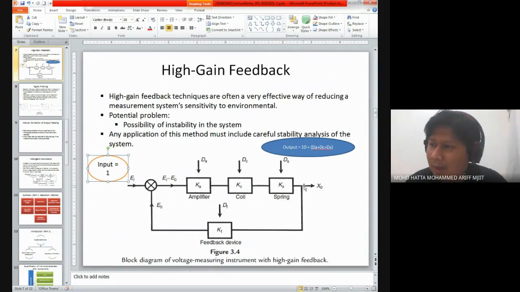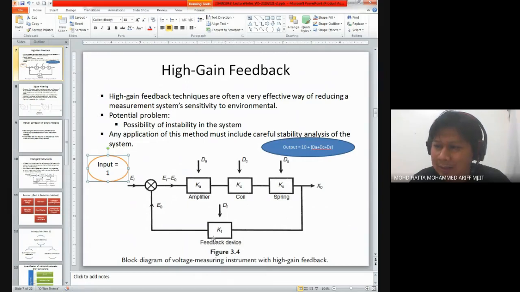The output that we take as feedback must be multiplied with a gain, and this is known as the feedback gain. Remember that the feedback gain also will introduce disturbance. That's why I said just now it's not 100% eliminated, but it's part of the strategy to reduce the influence of disturbance in our system.